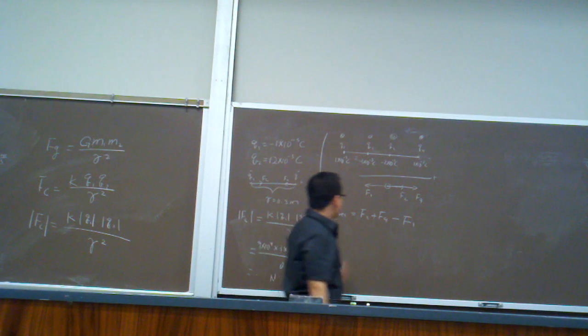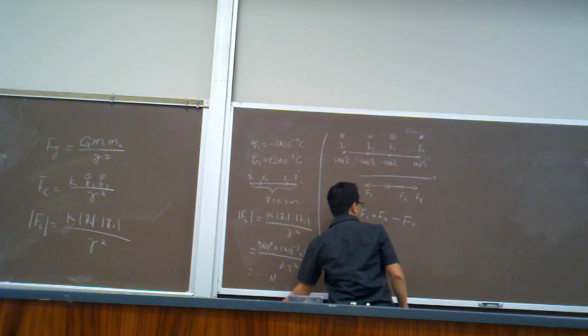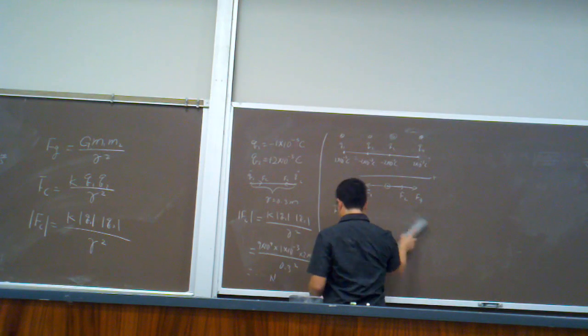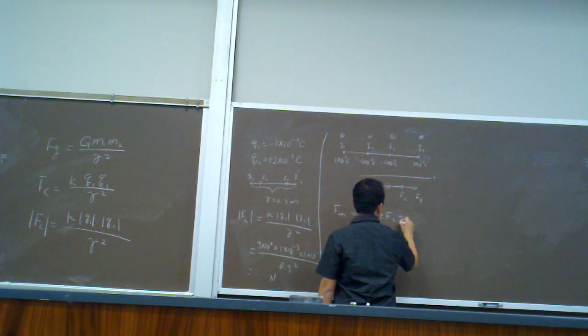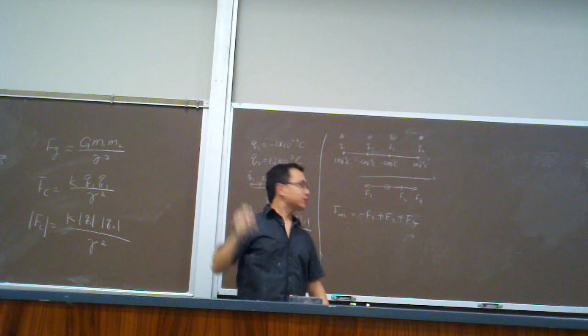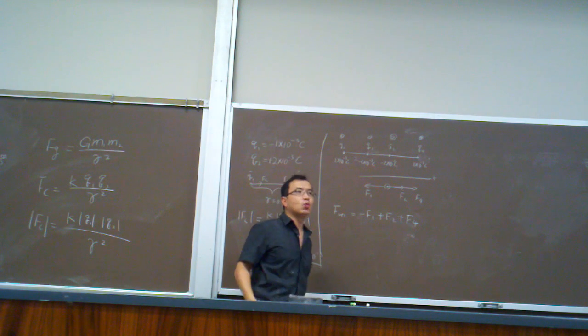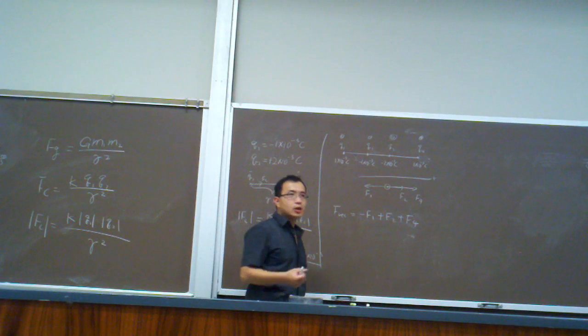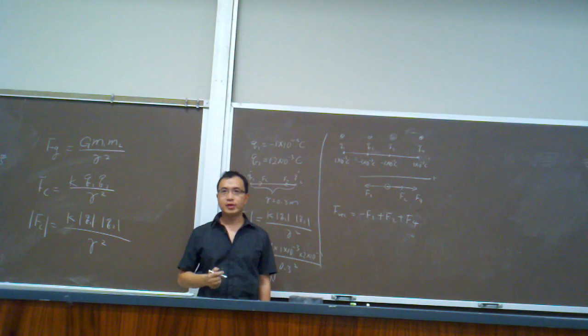Maybe it's better to just write negative F1 plus F2 plus F4. The reason is that after you calculate F1, F2, F4, we get the numbers, so it's better to avoid mistakes when putting down these numbers.